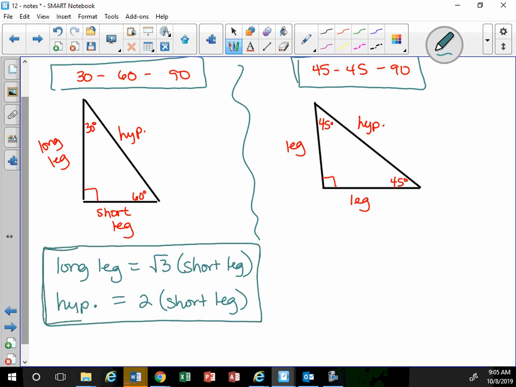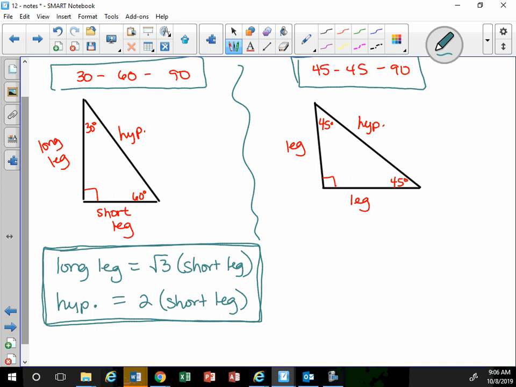You have to know this, guys. And we'll practice a bunch of them today. All right, then over in your 45, 45, 90. What's true about the two legs in a 45, 45, 90?